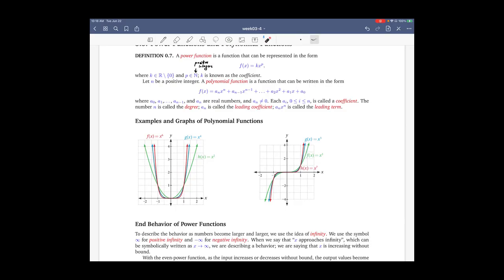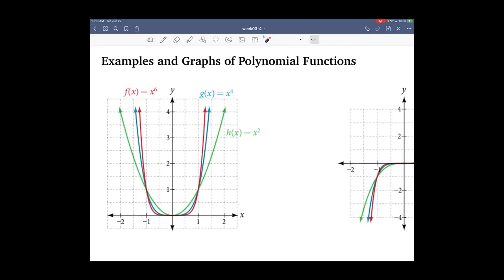And you can also see from the picture that the higher the power, the greater the function is if x is by absolute value more than 1.